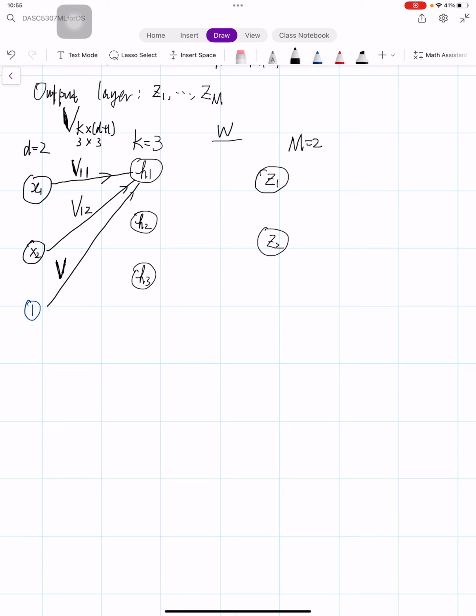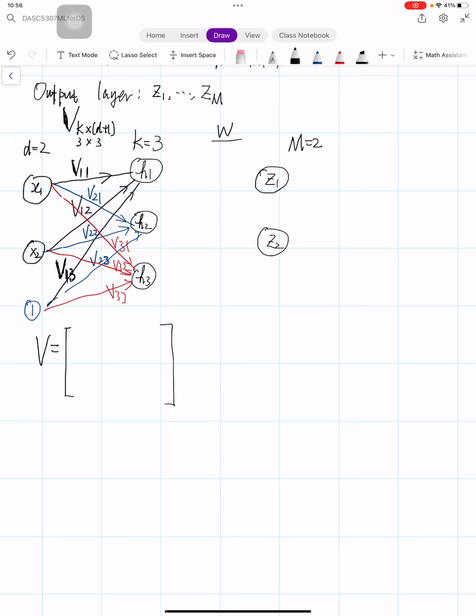For the second hidden node we have V21, V22, V23, and for the third we have V31, V32, V33.